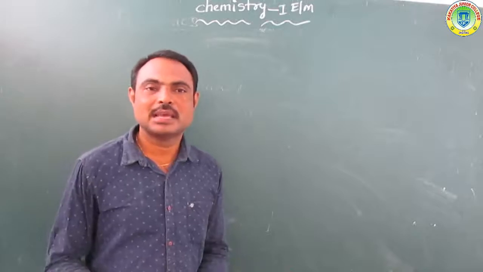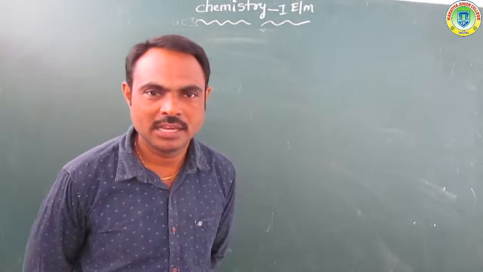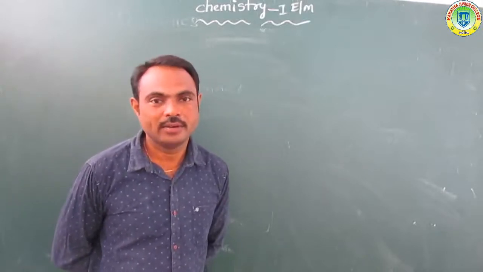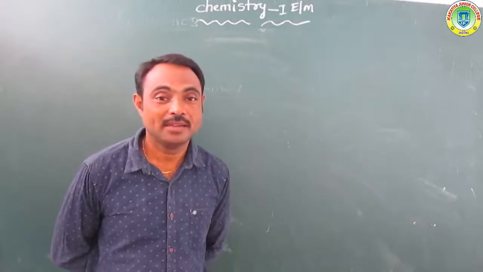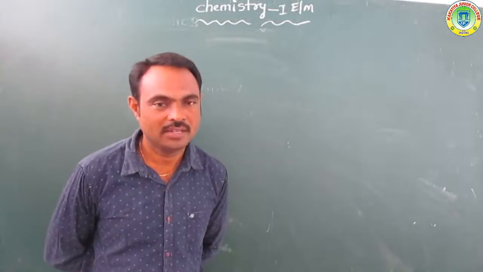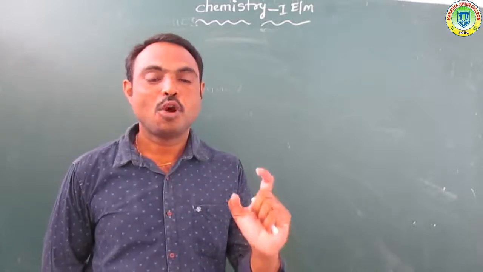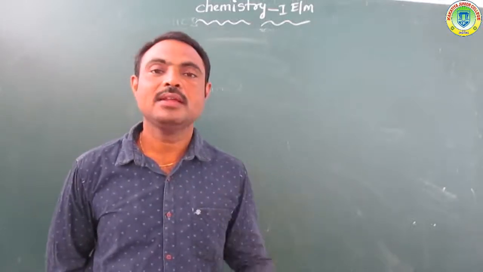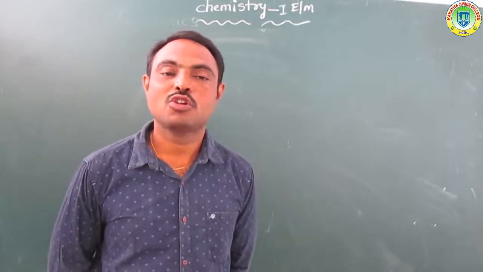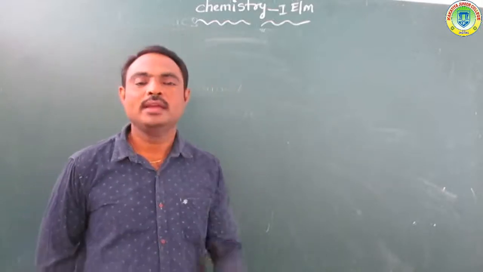Last class we discussed diamond. Diamond is a hard substance with sp3 hybridization. It is an insulator. At the same time it has a very high melting point, 4200 Kelvin, because the bond energy between carbon and carbon is very high.